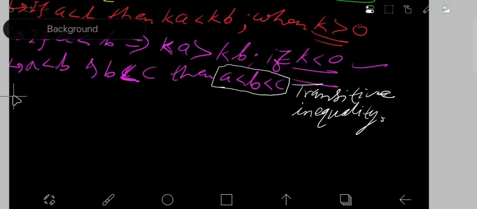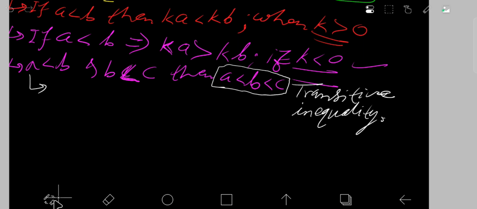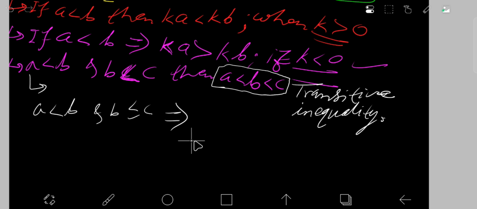The next property has sub-properties. If a is less than b and b is less than or equal to c, then we write a is less than b and b is less than or equal to c.